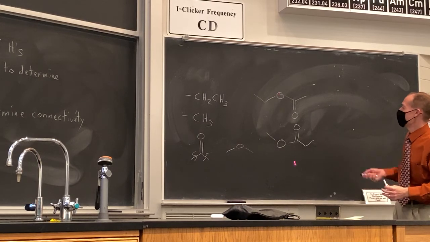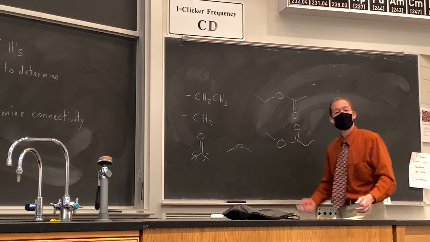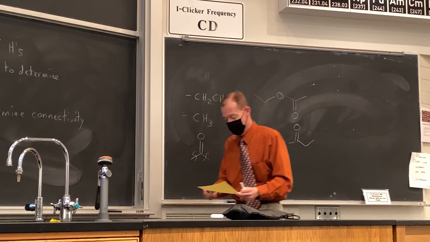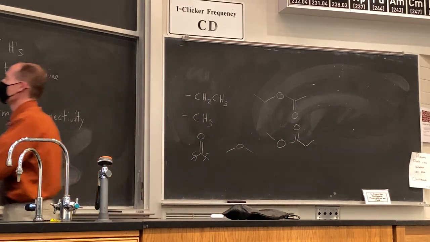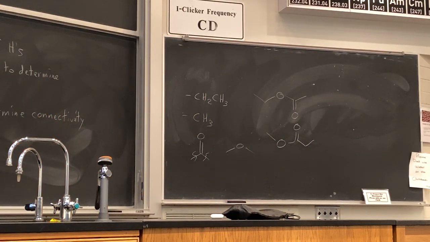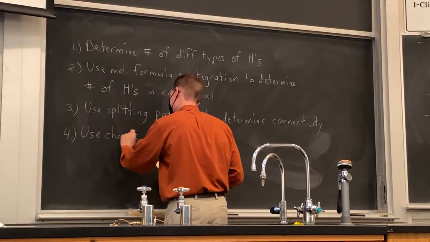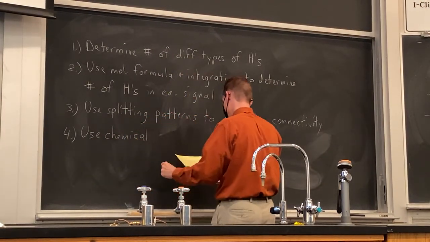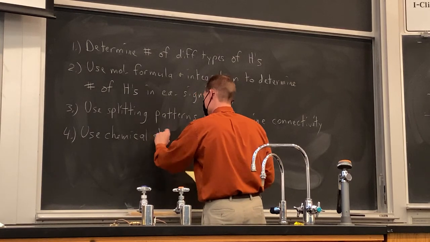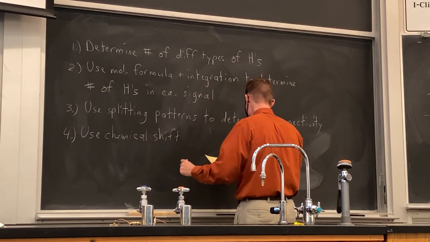So how do we distinguish between those two possible structures? That's where we get to the fourth point, where we now use the chemical shift data to differentiate between possible structures.